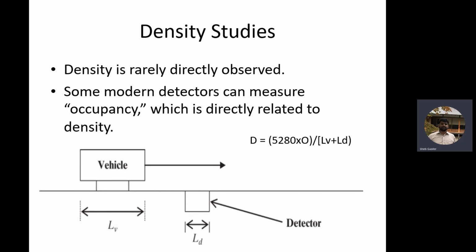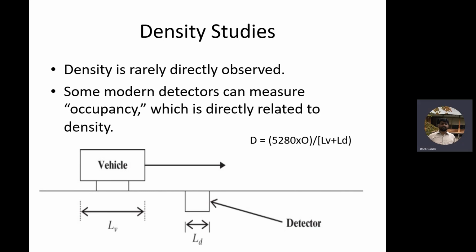Now what is O? O is the percentage of time the detector was under a vehicle. The vehicles are coming and going, right? So one vehicle came, the next one came after 30 seconds. So for 30 seconds, the detector was unoccupied. For example, you use the detector for 1 hour.